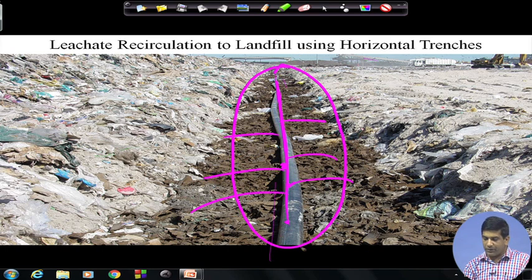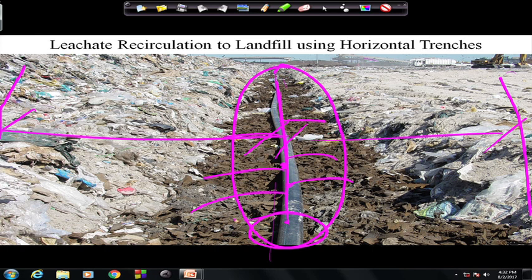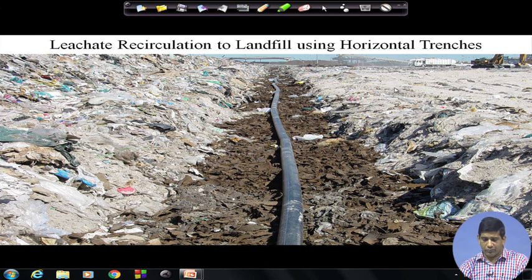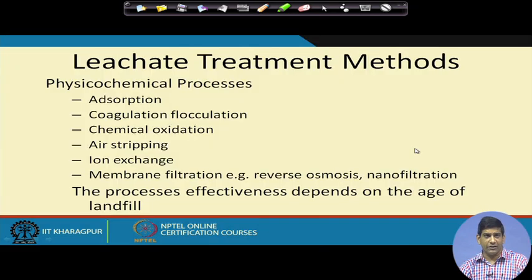So we'll have one pipe here, another pipe could be somewhere here, another pipe somewhere here, and then we have to calculate the spacing of these pipes and what should be the diameter of the pipe, and those things will become part of the leachate recirculation system design. Leachate recirculation is also done using what are known as horizontal trenches, and you can do it with vertical trenches as well.